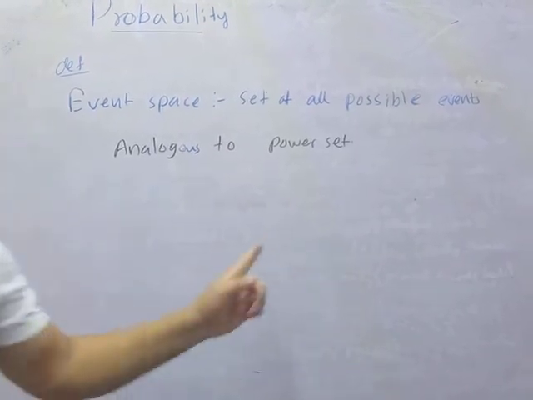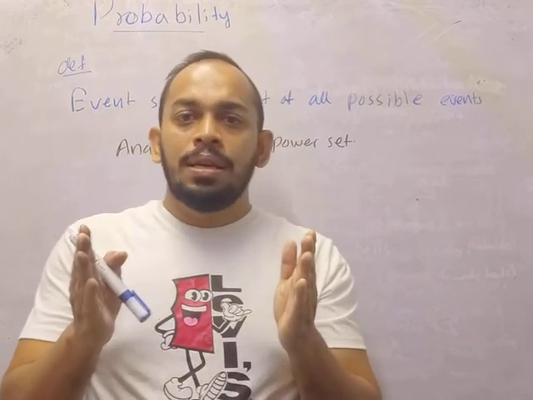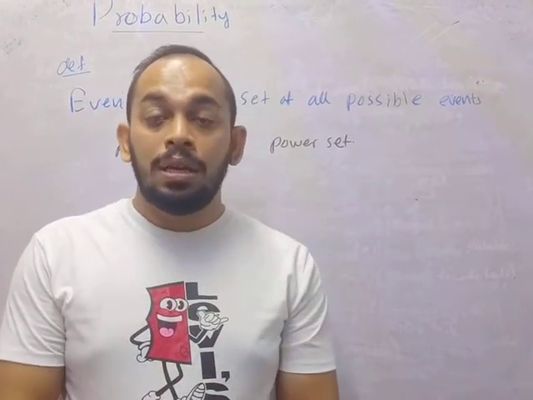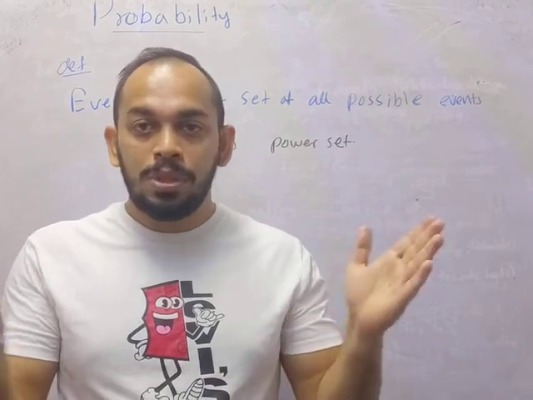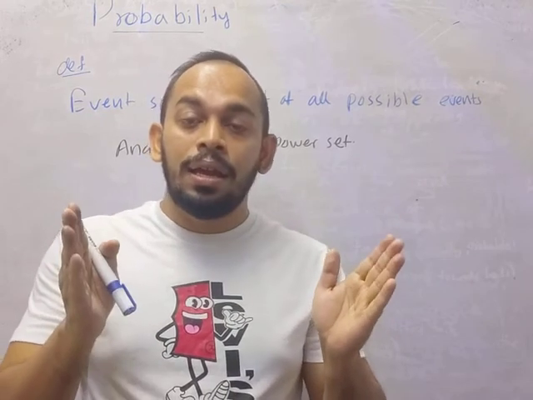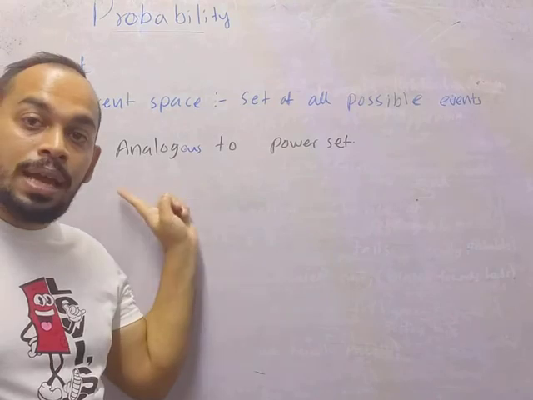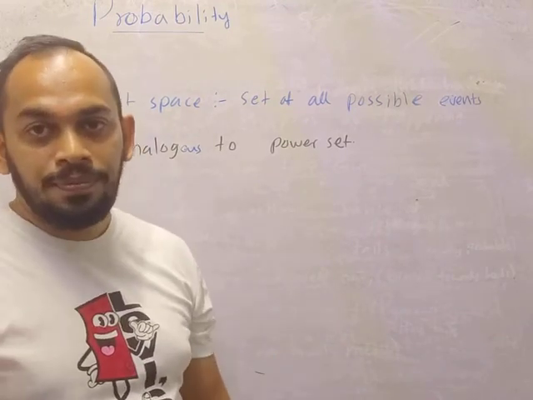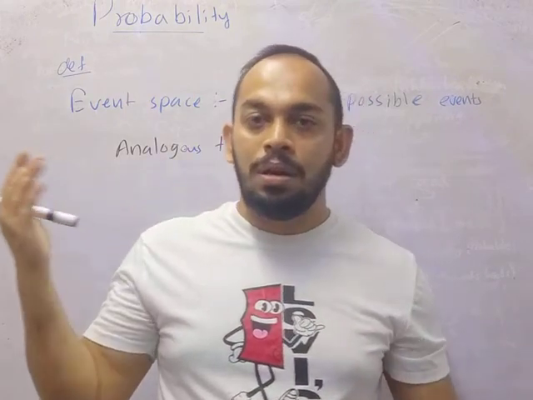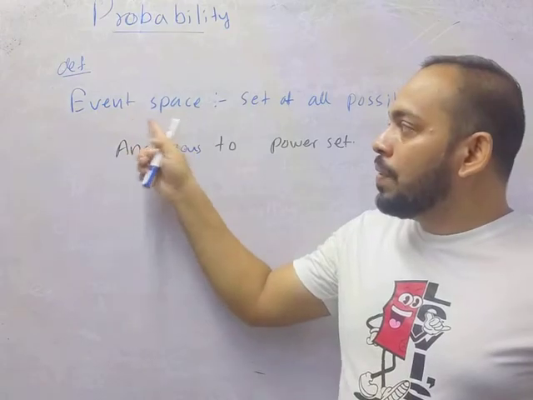Then the last definition, event space. Event space is a set that contains all possible events of a given sample space. All possible events. We learned a set like this in the first video. We call it a power set. So this is analogous to a power set. The set of all subsets of a set is called a power set. The power set in probability is equivalent to the event space.